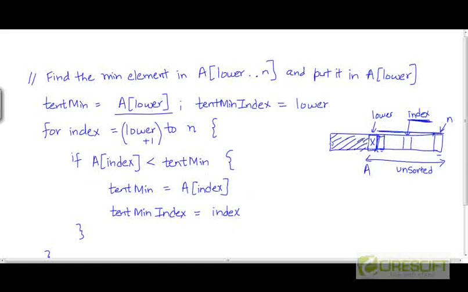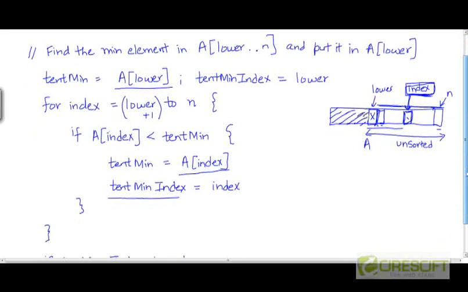Now if the value in this location happens to be less than our tentative minimum, then we are going to update our tentative minimum. Our tentative minimum is no longer A of lower, it's now A of index, because this value happened to be lower than the minimum value that we were maintaining so far. So we update it to A of index, and the index of the tentative minimum becomes equal to whatever the value of index is at this point.